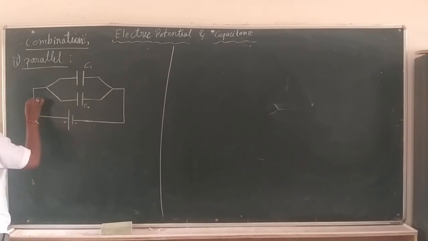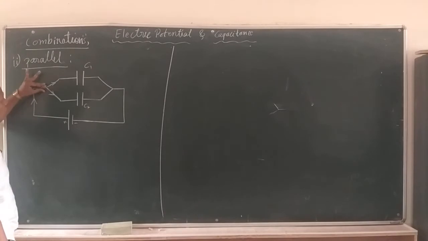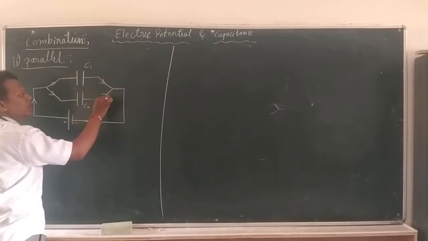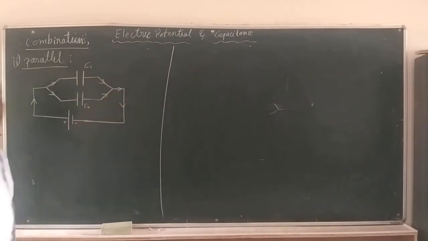Current will start from here and go here, but here the current will distribute in two branches. Charge Q has to distribute to C1 and C2, pass through them, and then move to a common terminal or junction. So in a parallel combination, charges are going to distribute.